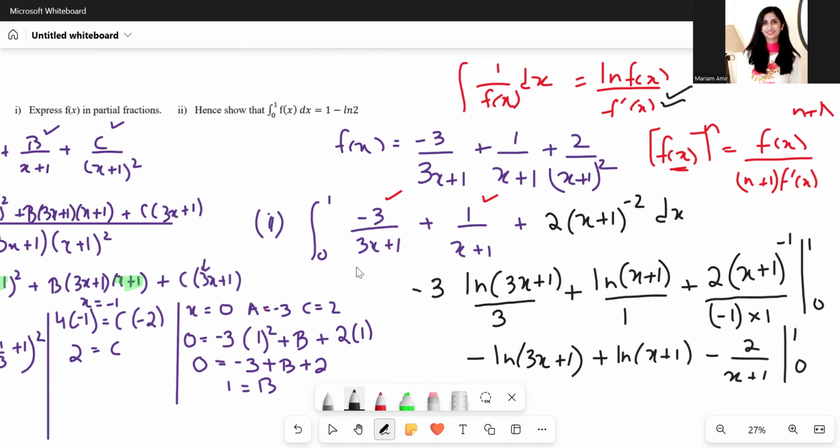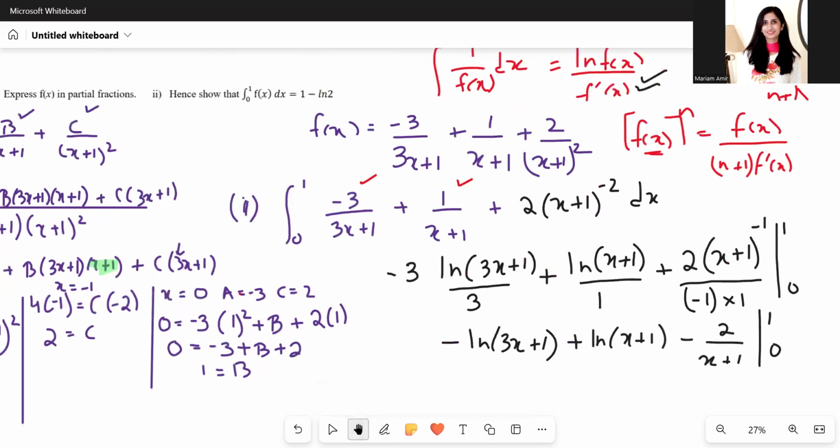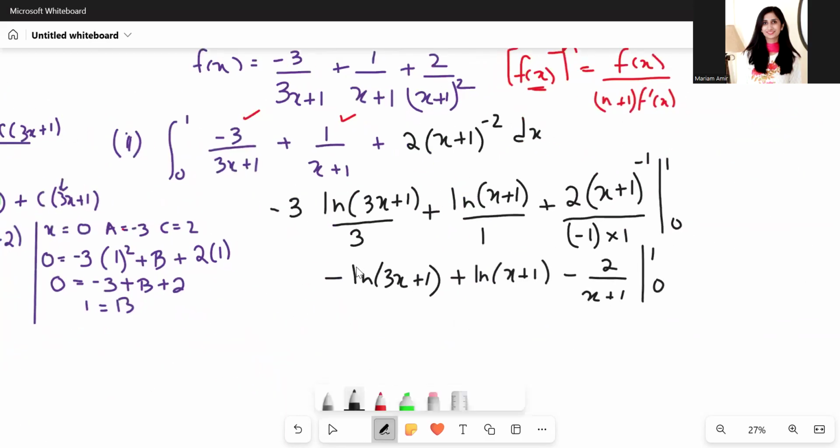Okay, now we're going to substitute the limits. I would like to further simplify this to make the limit substitution easier. I'm going to use the log rule and write it as ln, this is optional by the way, (x plus 1) over (3x plus 1), and then minus 2 over (x plus 1). And now we're going to substitute 1 and 0.